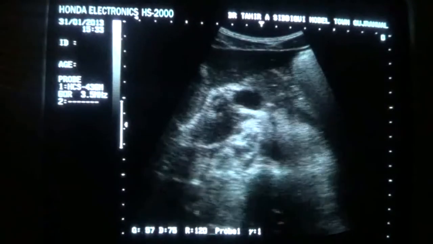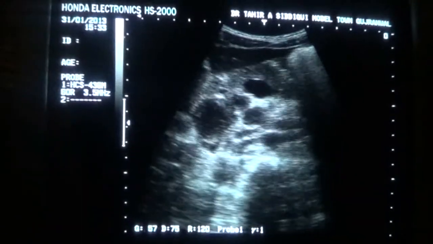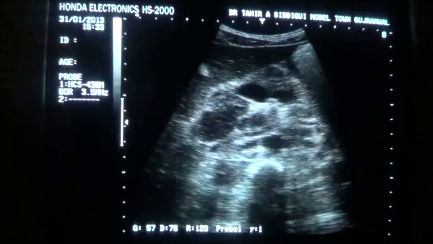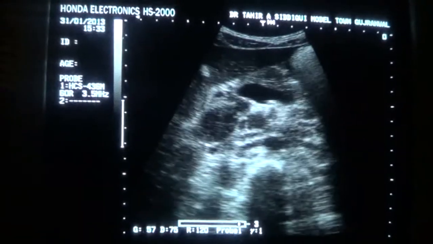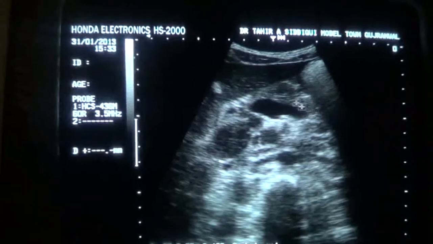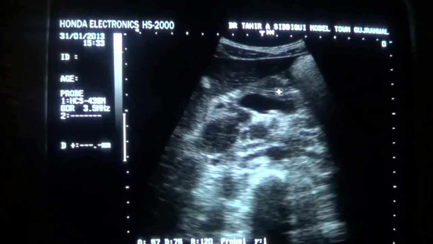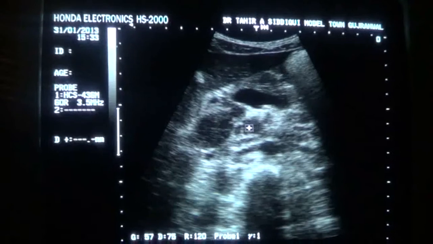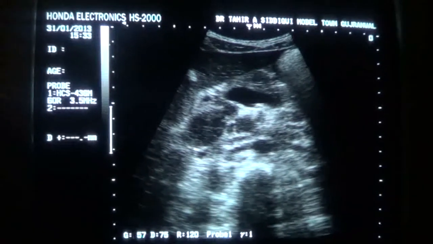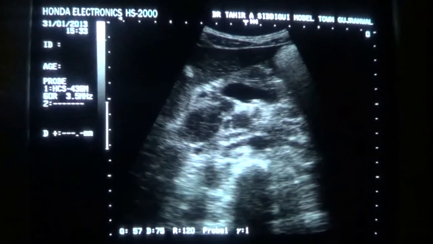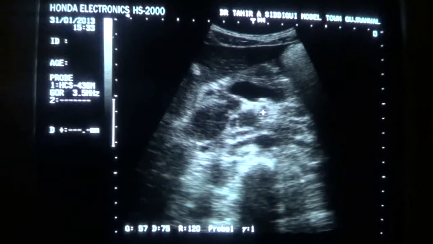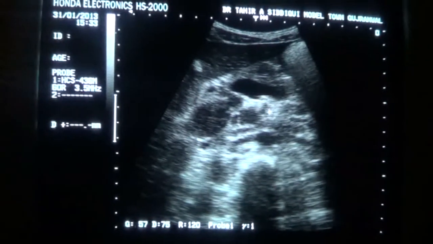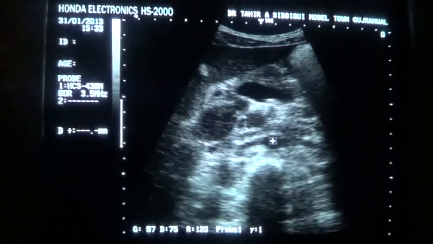You see, this is the parapancreatic plane as well. This is the pancreas, this is the duct, and this tiny vessel is the splenic vein. This is a lymph node. This is the superior mesenteric artery, because it has echogenic borders. This is the aorta.